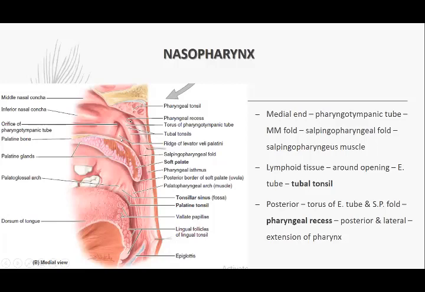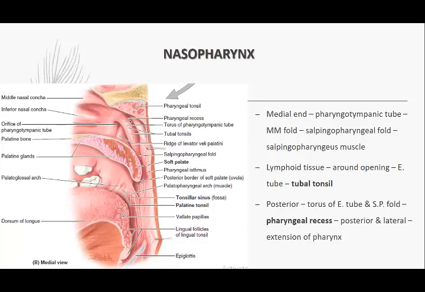Okay, and this area around the opening of the pharyngo-tympanic tube, this also contains a U-shaped area. This also contains lymphatic aggregation, and I told you a lymphatic aggregation in the head and neck, we call it tonsils.